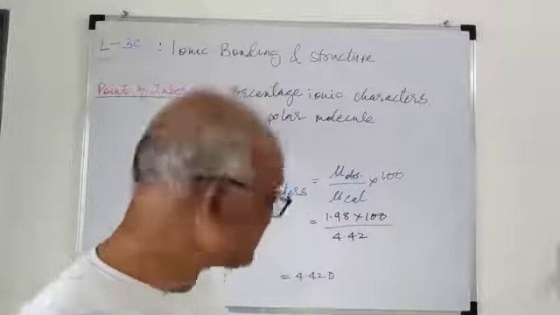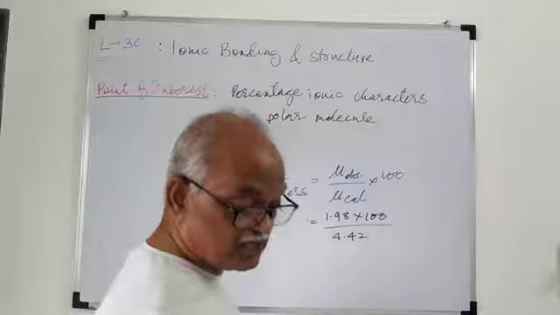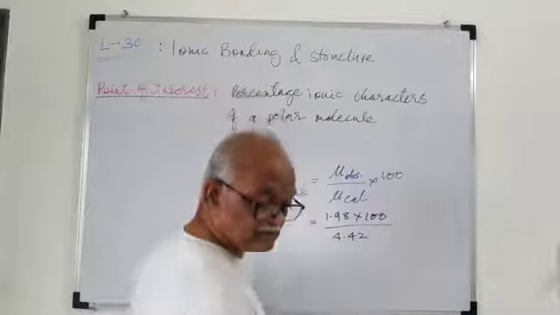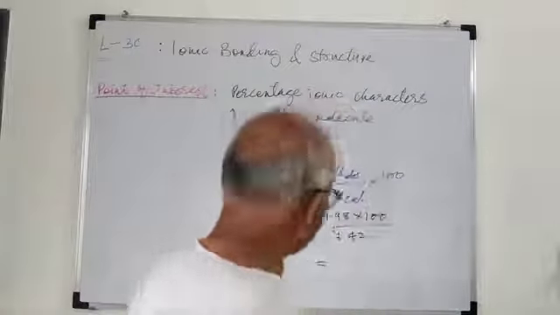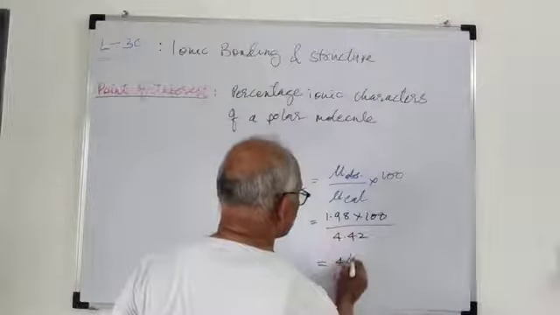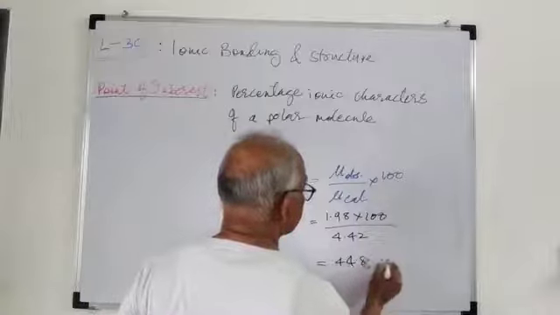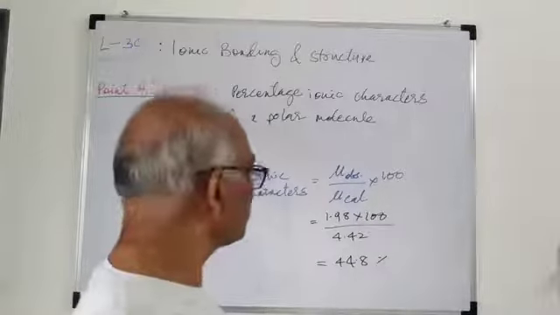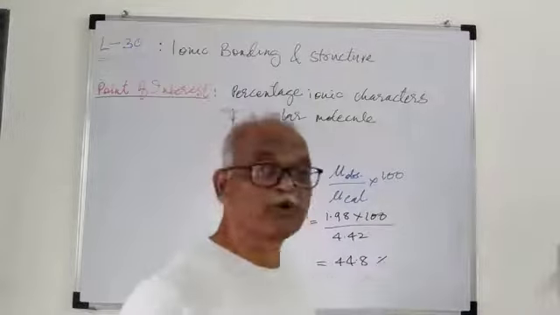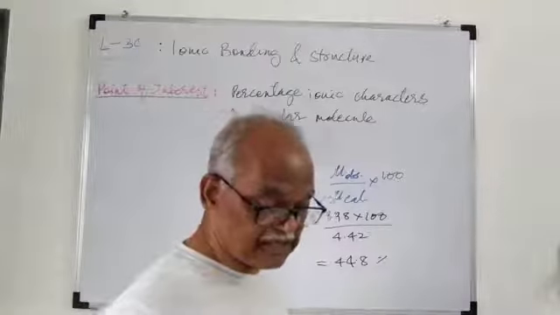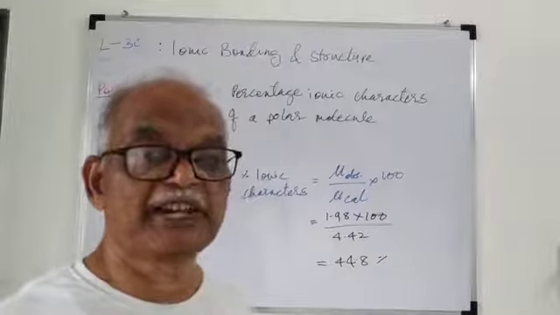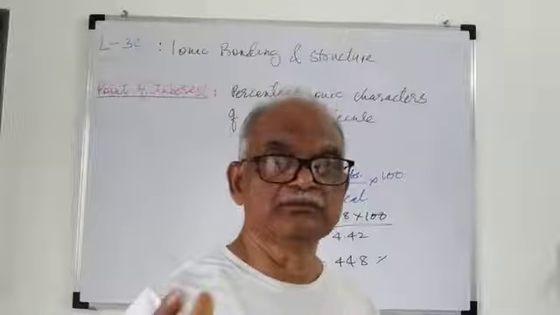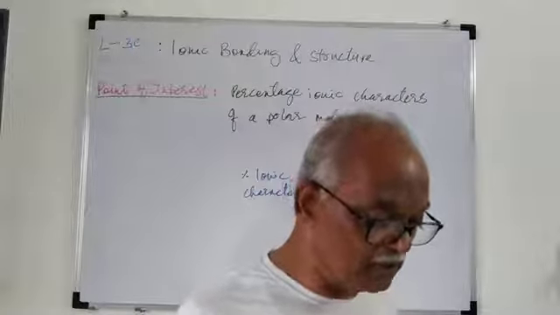If we calculate this, it comes out to be 44.8%. So the ionic characters in HF are 44.8%. In this way we can calculate the percentage ionic characters for various molecules which are dipolar.